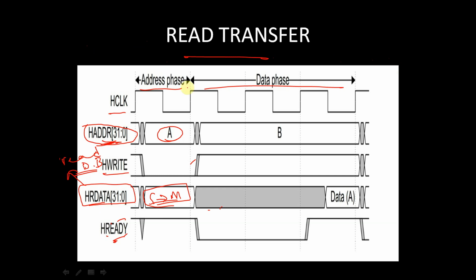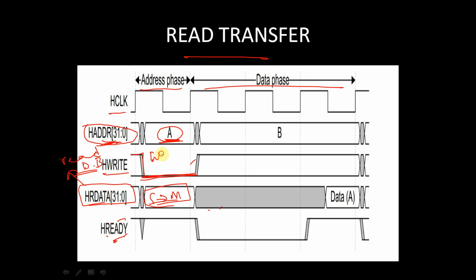Here we can see address A is being passed in the address phase. Here we can see the HWRITE signal is low, which indicates no writing is performed here. HWRITE is low, so data is not written.